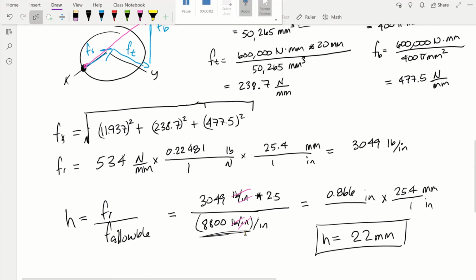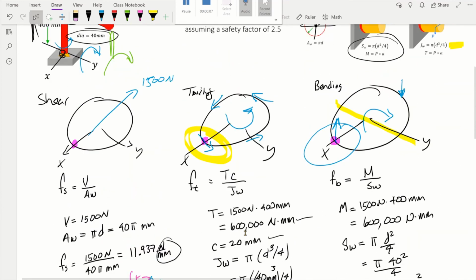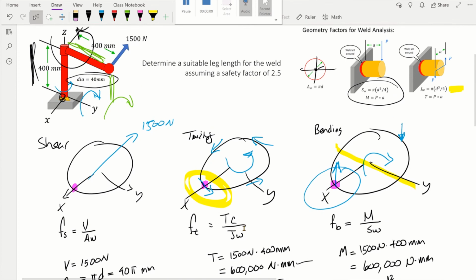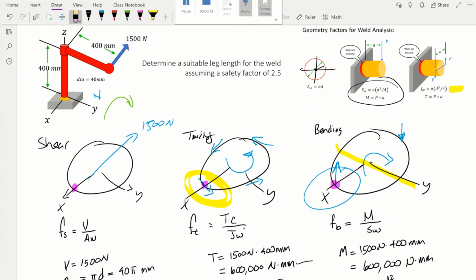So there we go. That means that when we do a weld call out, which some of you will do once you're out in the field, what we need to be able to specify to make sure this weld is okay is that it has a leg length of 22 millimeters. Again, if you remember what that looks like is if we look, for example, at this right hand side, we're gonna have the tube kind of doing something like this.